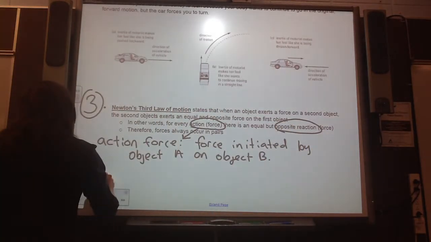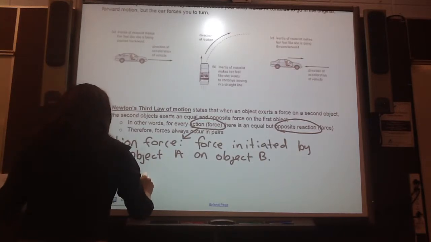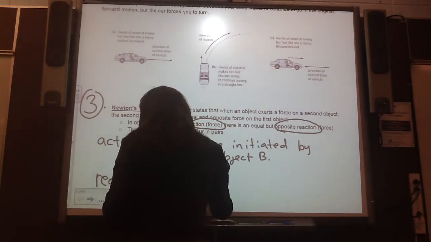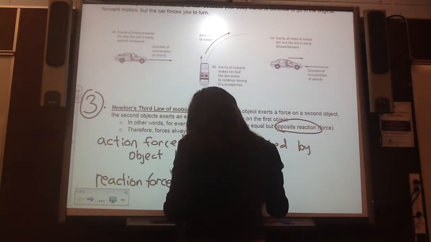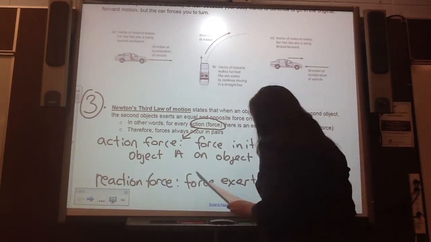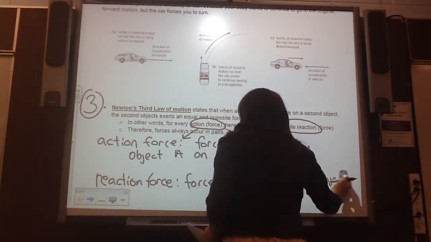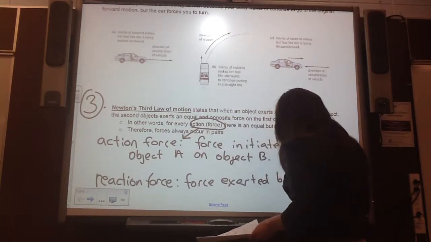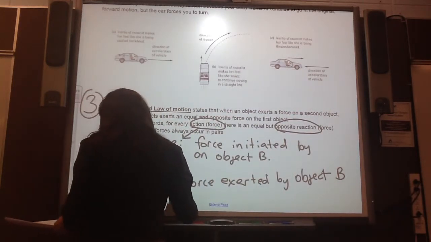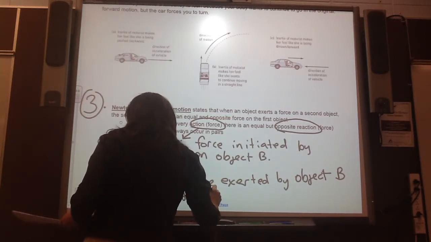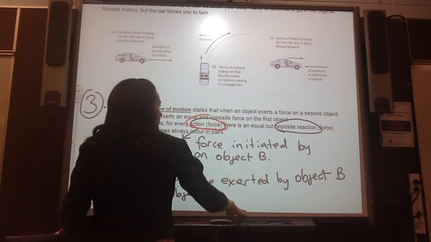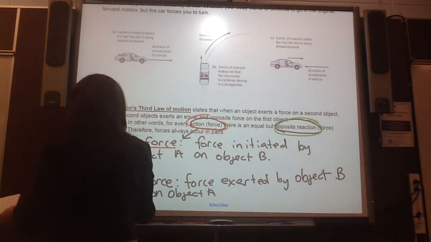Okay, so now let's do the reaction force. This is the force exerted by object B, from this same scenario, on object A. So this action force is this here, and this opposite reaction is the reaction force here.